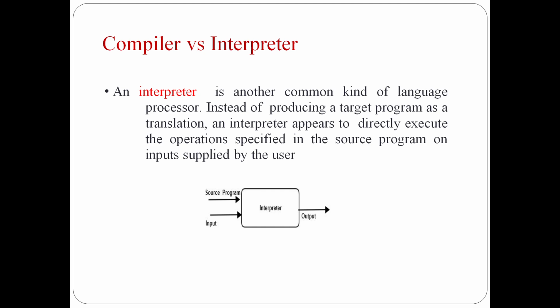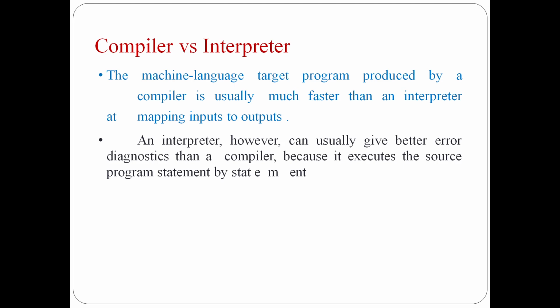Instead of producing a target program as a translation, the interpreter appears to directly execute the operations specified in the source program on input supplied by the user. It is a line by line conversion from the source program. That is called an interpreter.